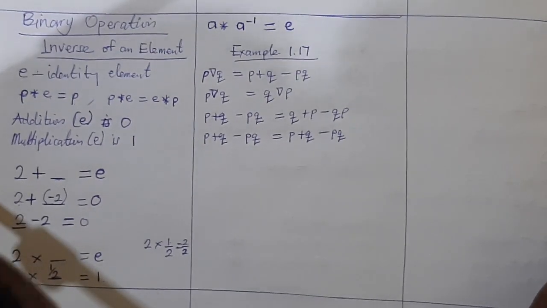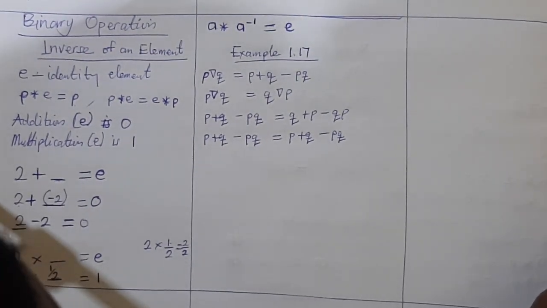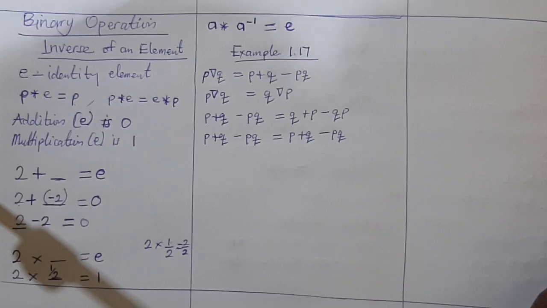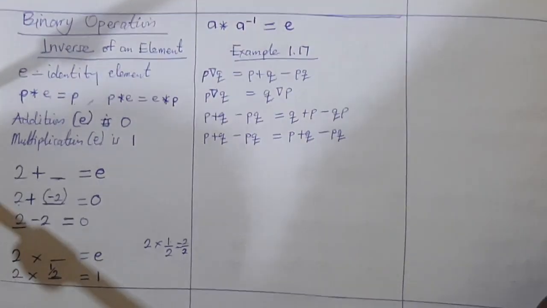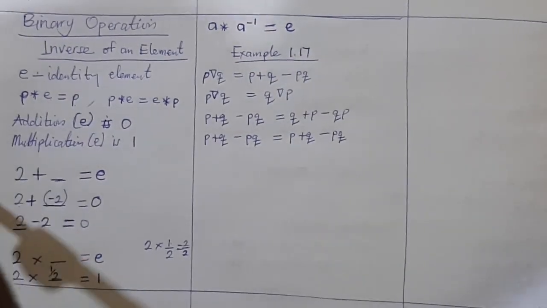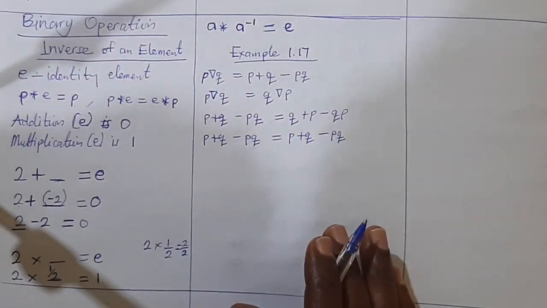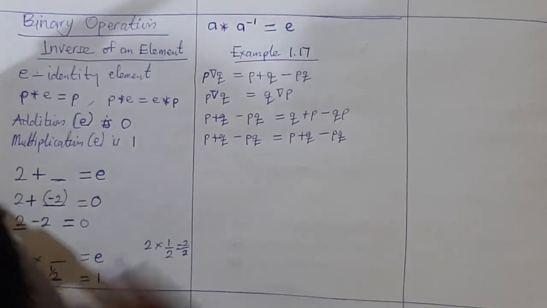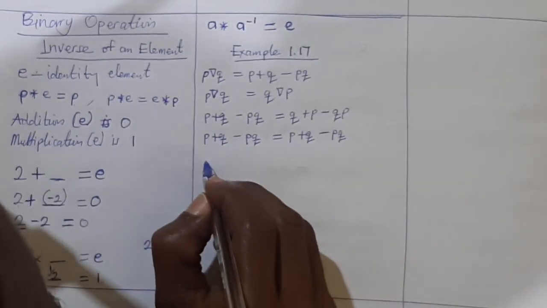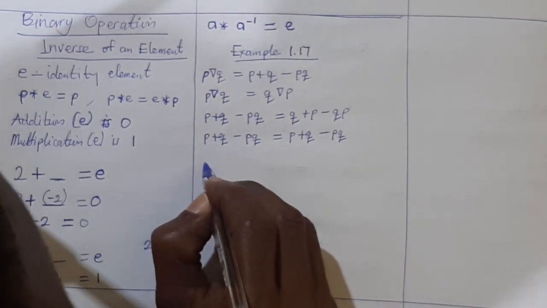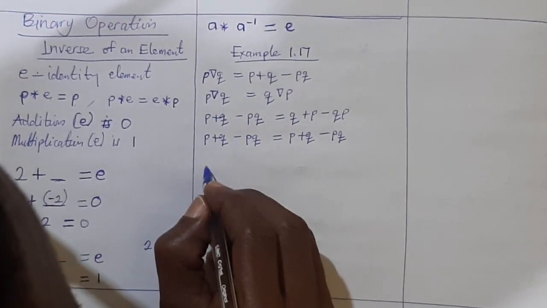Now we want to identify the identity element. How do we get the identity element? We have done that also already, but let's go on and redo it again. So we are picking one of the elements here.